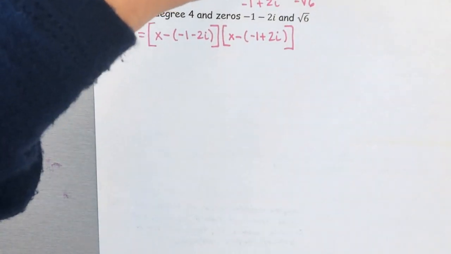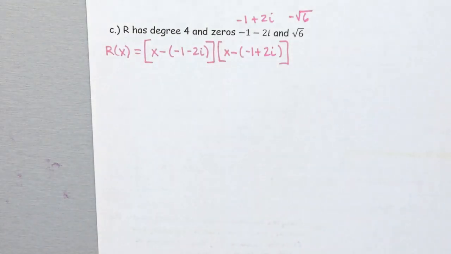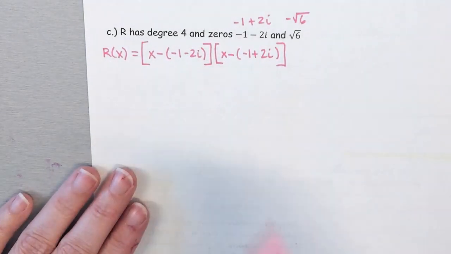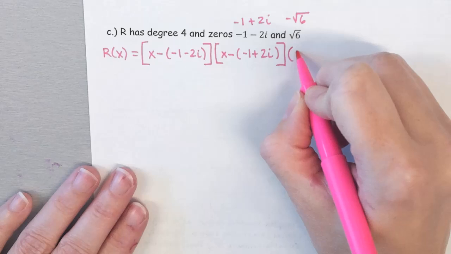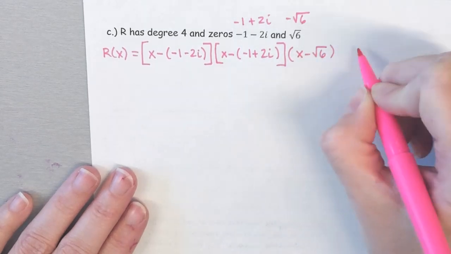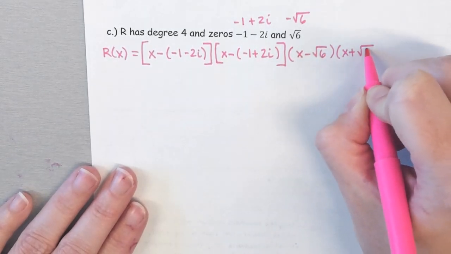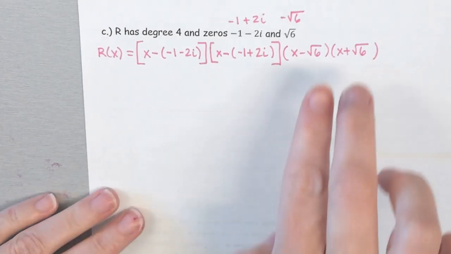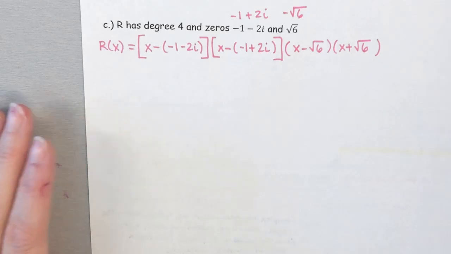So do we remember the negative in front there? The only thing that's the opposite in the conjugate is that middle term. So you're going to keep the 1 negative. And then here you have x minus root 6 and you have x plus root 6. And again, it doesn't matter which ones you put first.